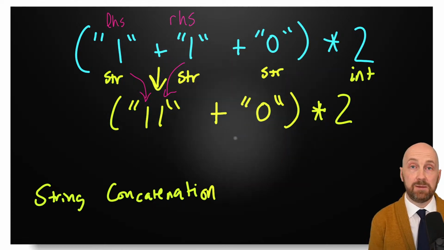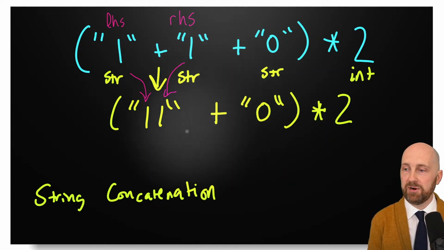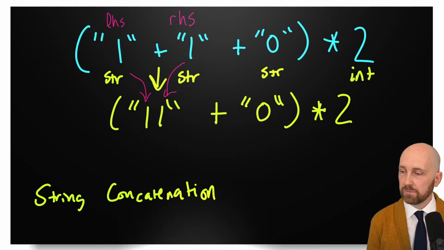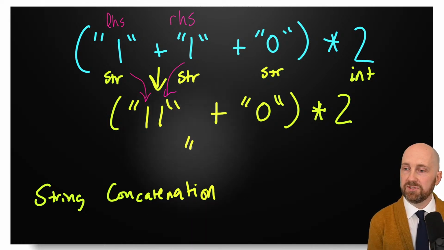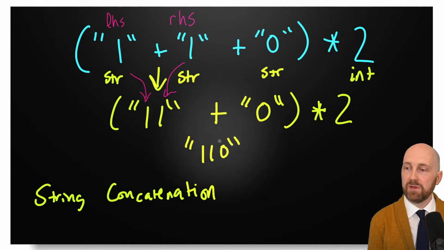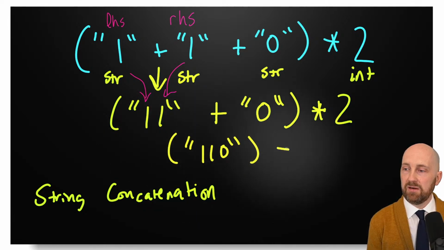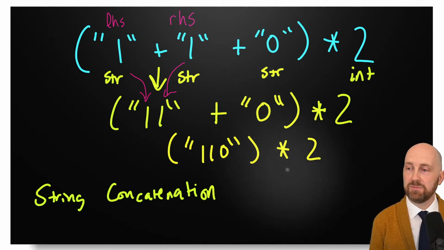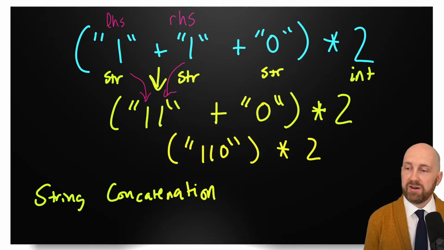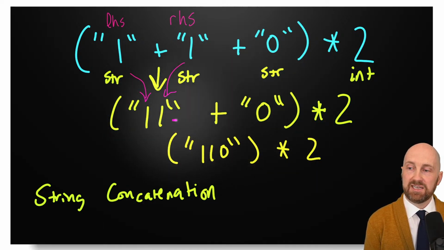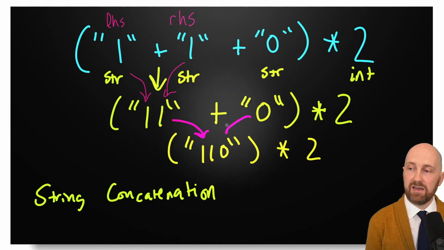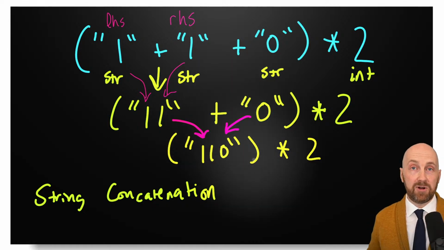All right, well, let's do the same thing with this concatenation operation. And here, we're going to see that this becomes the string 110, and that would then be multiplied by 2, whatever that means. Well, we'll get there in just a moment. But just to reiterate, the concatenation operation takes the left-hand side, and it's then followed by the right-hand side, and we've formed a new string.